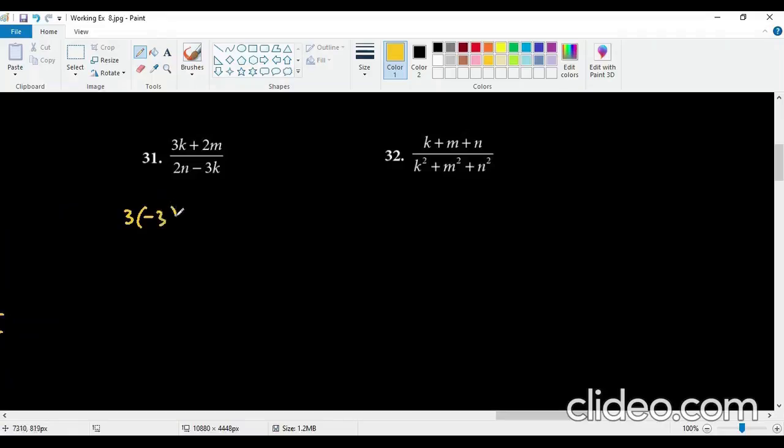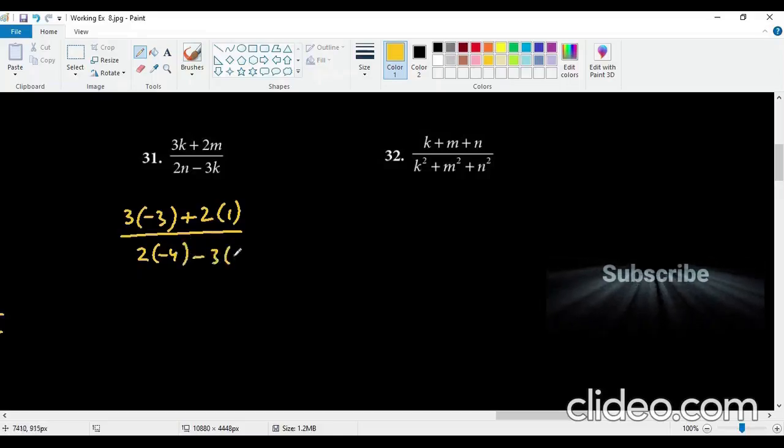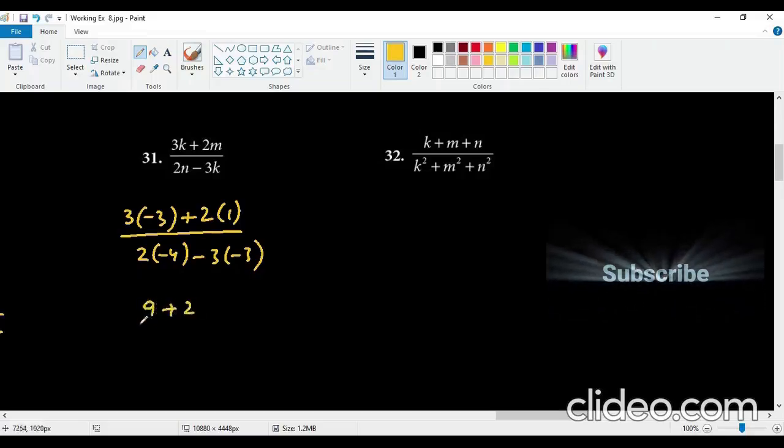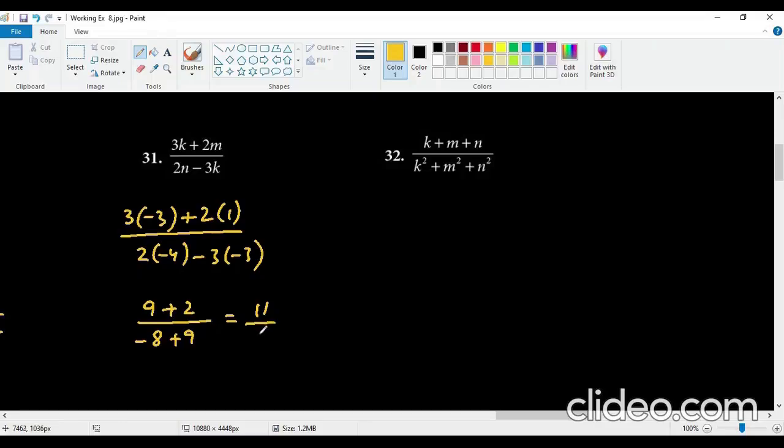You know very well k is negative 3 plus 2 times m value is 1, 2 times n value is negative 4, k value is negative 3. So this gives you 9 plus 2 over minus 8 and plus 9. So this gives you 11 over 1, which is going to be your final answer. Let's just review this again.